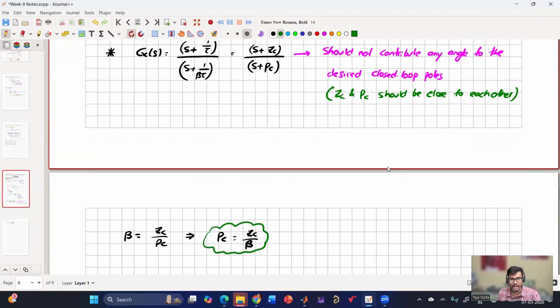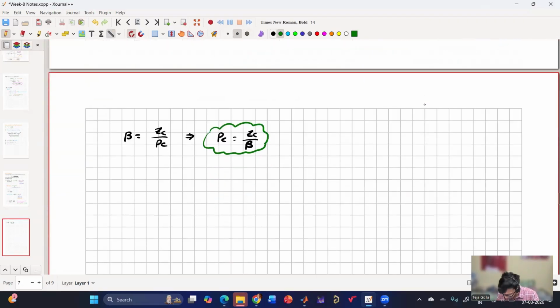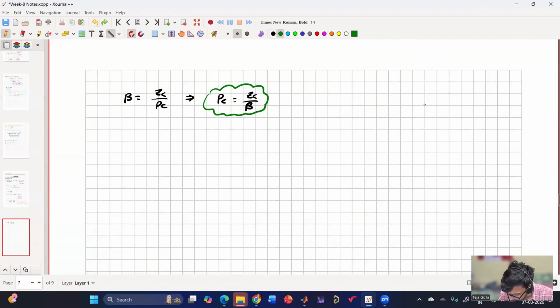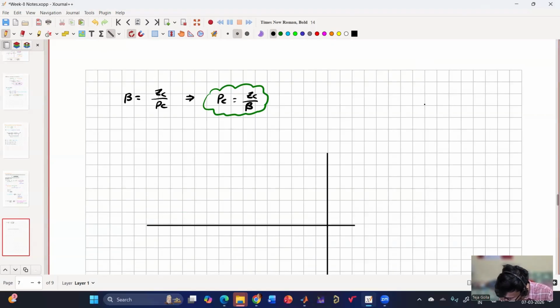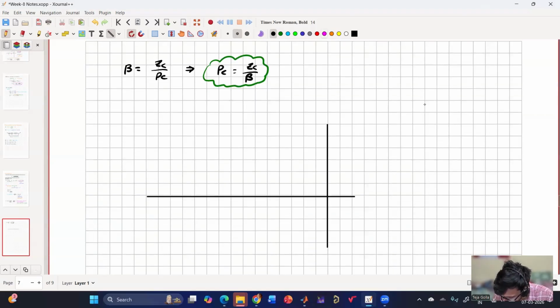Okay. And because I have said ZC and PC should be close to each other, let me also draw the line. Say this is lag compensation.